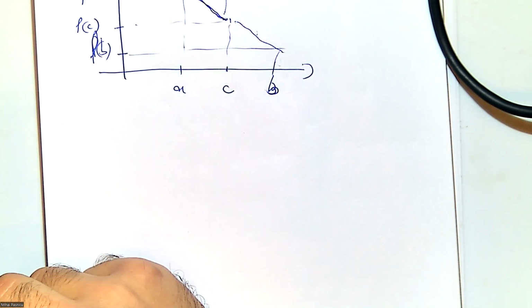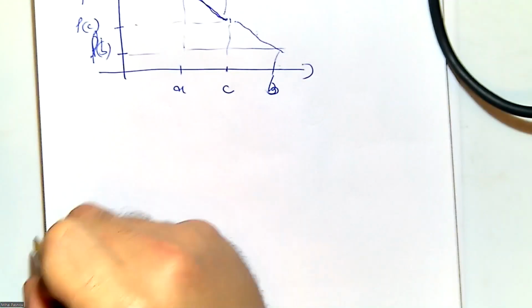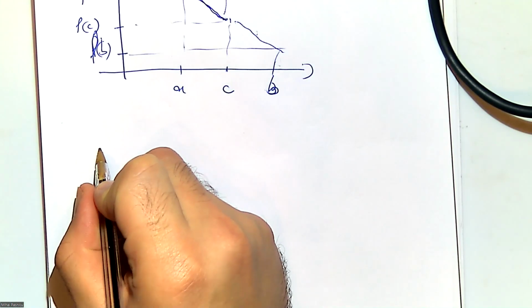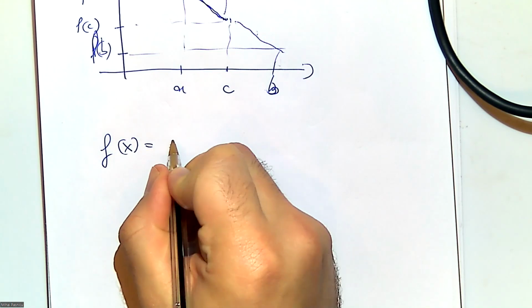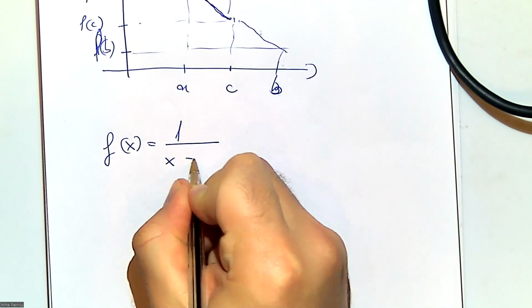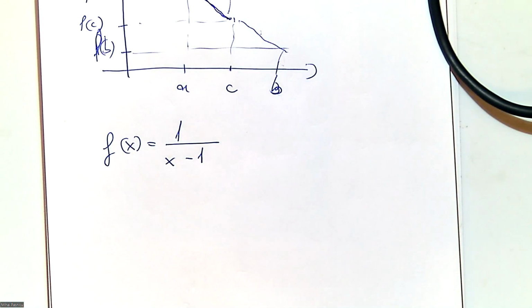Now, let's give a particular example of a function that's not continuous. Let's just take f of x equal to 1 over x minus 1. Right, I just took this function. What's the problem here?